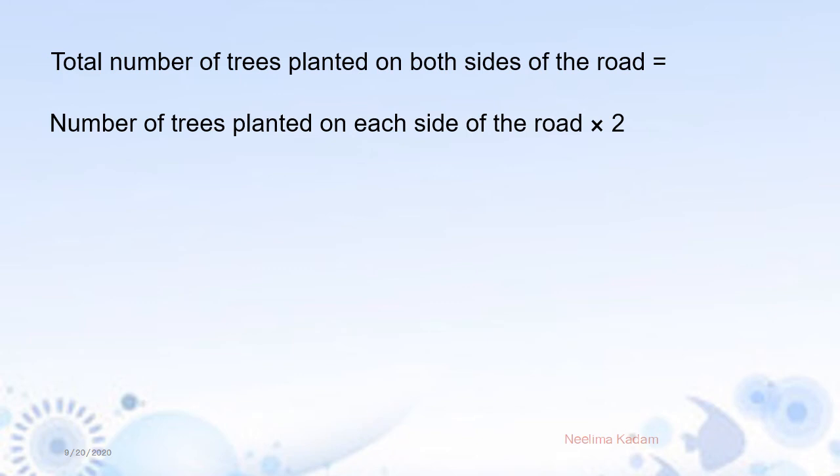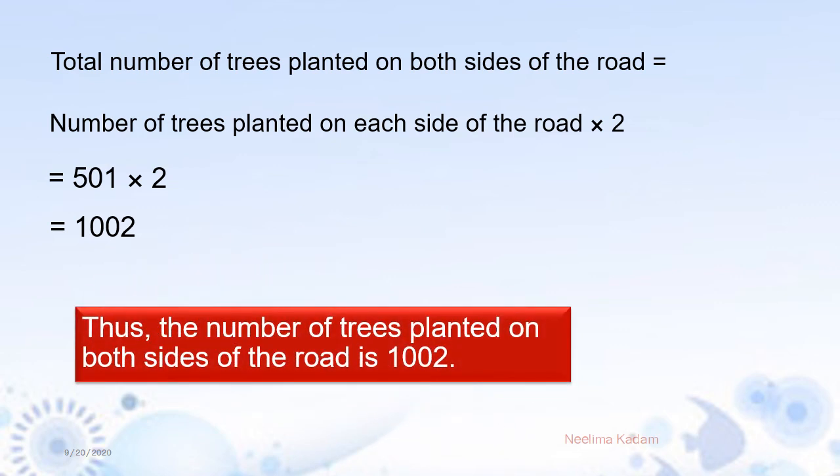And both the sides we have to count, so again multiplying by 2. So 501 into 2 will be equal to 1002. So how many trees are needed? 1002 trees. Thus the number of trees planted on both the sides of the road is 1002.